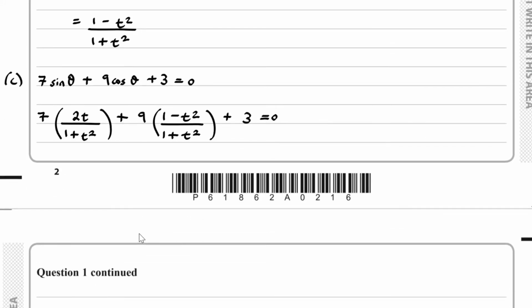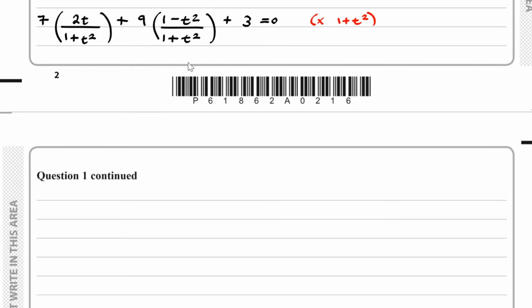And if we multiply through by 1 plus t squared, you can hopefully see that we have 7 lots of 2t plus 9 lots of 1 minus t squared plus 3 lots of 1 plus t squared, all equal to 0.